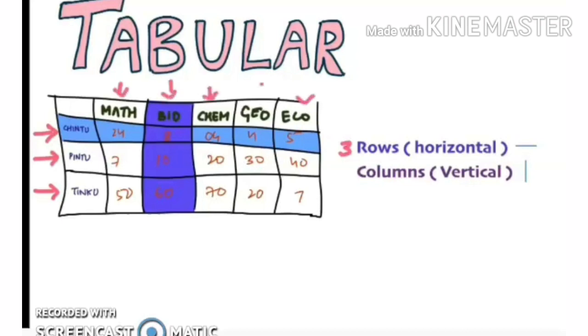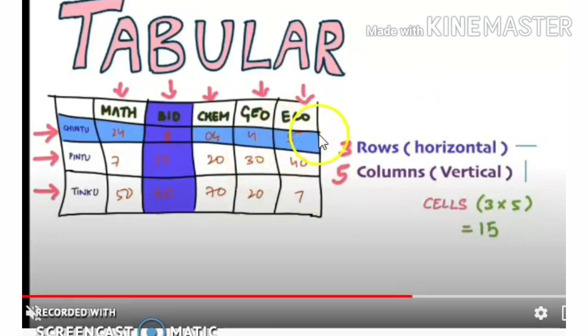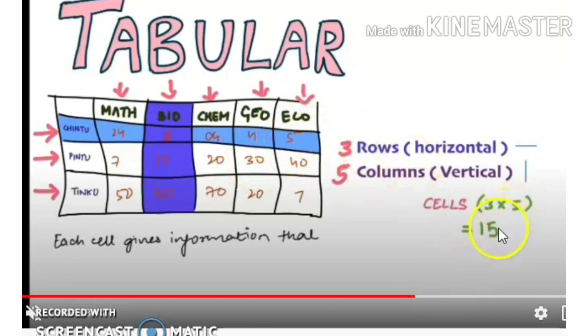By calculating this whole data we can say that it has 3 rows and 5 columns, and the cells are 3 into 5. Each box is known as a cell, so 3 into 5 equals 15.